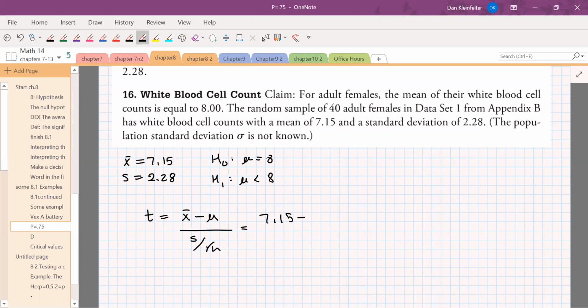The mu is from our hypotheses. And then the s we're given is 2.28, and that's over the square root of n. Our sample size was 40. Okay, so this will give us our test statistic. And that's negative 2.36.